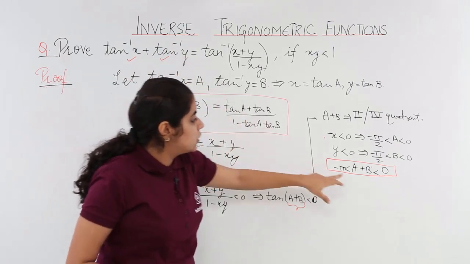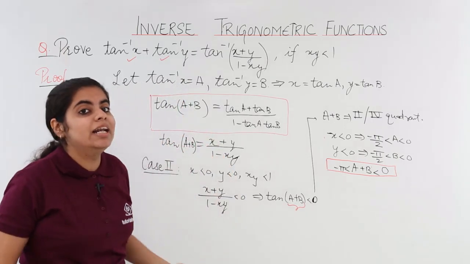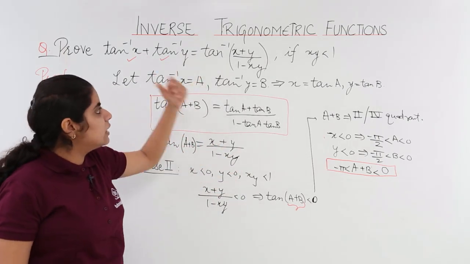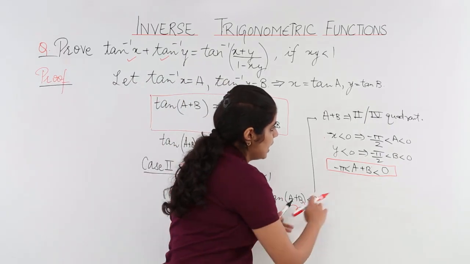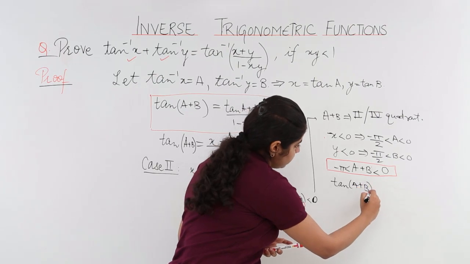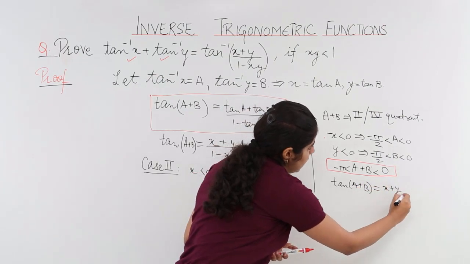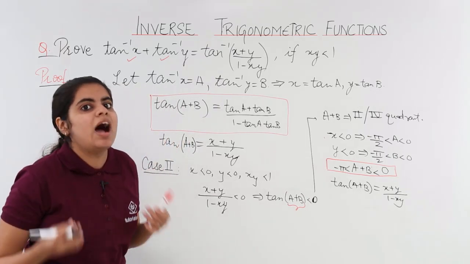That means here, if A plus B is known to us and these are related to x and y, we can easily go for tan inverse of x plus y. So, let us see now. I have tan(A plus B), which was x plus y upon 1 minus xy. Now manipulated, how?